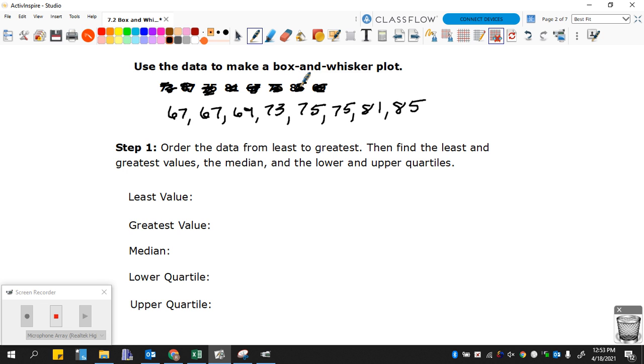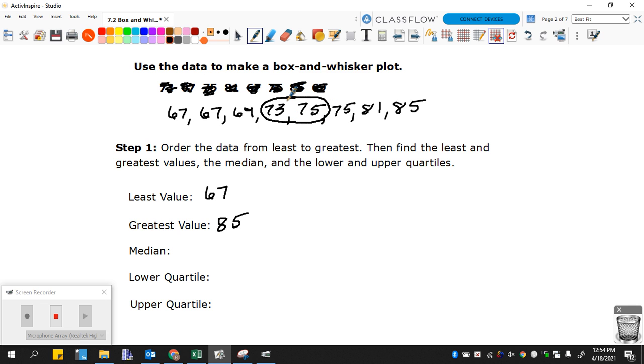Now that we've done that, we look at the least value. The smallest value is 67, and we only put it down once, even though we have 2 of them. The greatest value is 85. Those are really easy to find. Then we find the median, which is the middle value. We have 1, 2, 3, 4, 5, 6, 7, 8 values, so the median is between the 73 and the 75.